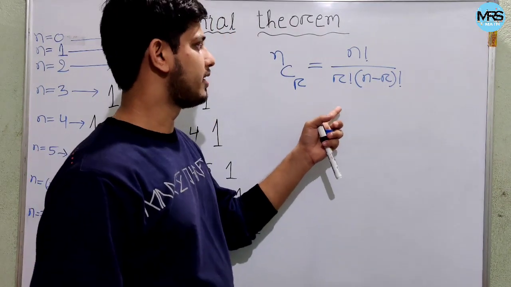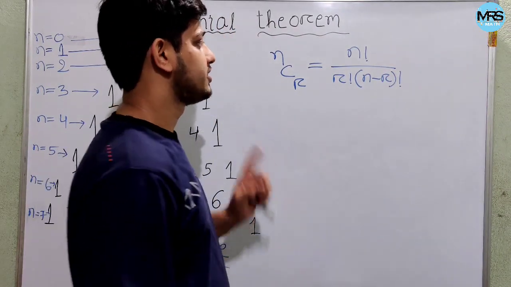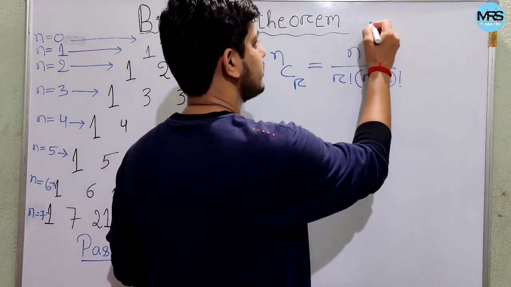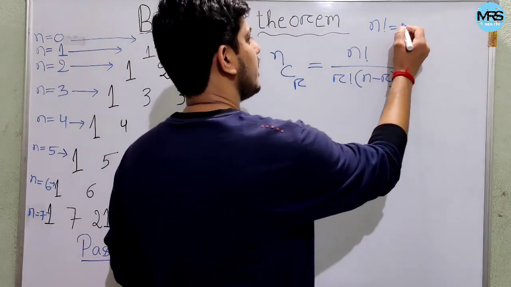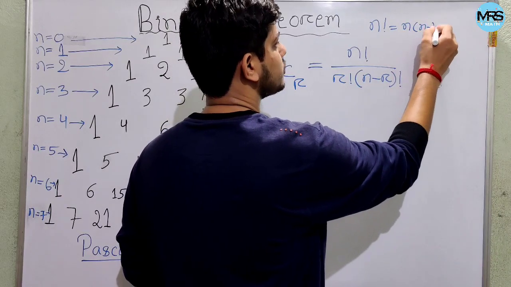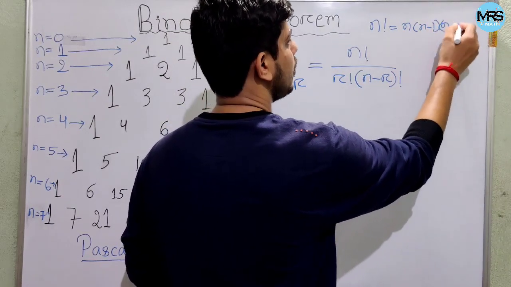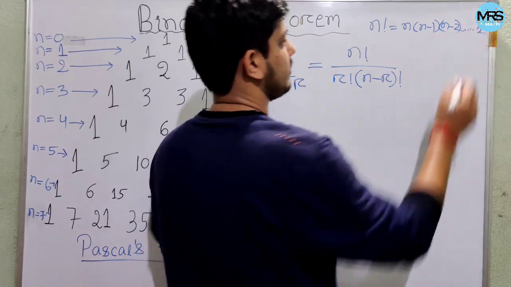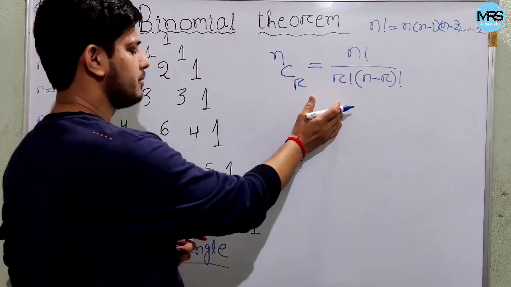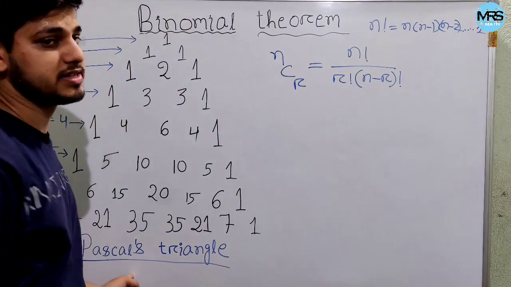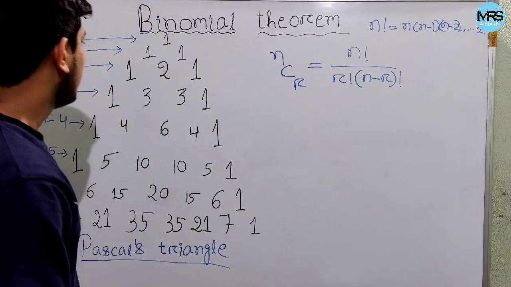And n factorial is n into (n minus 1) into (n minus 2), and so on up to 1. Let us understand how this combination is interlinked with Pascal triangle.